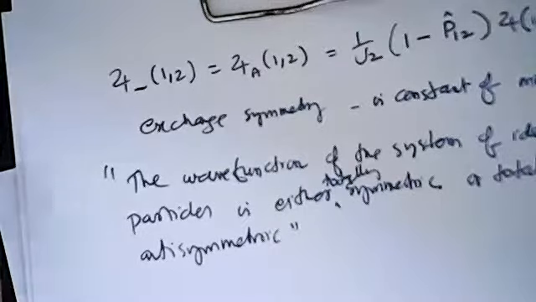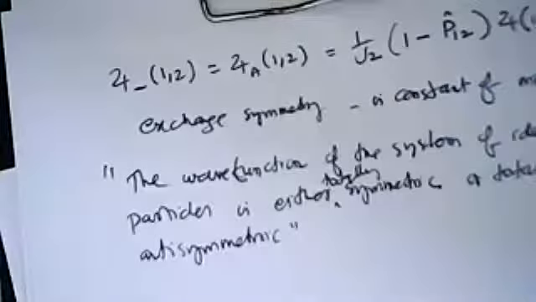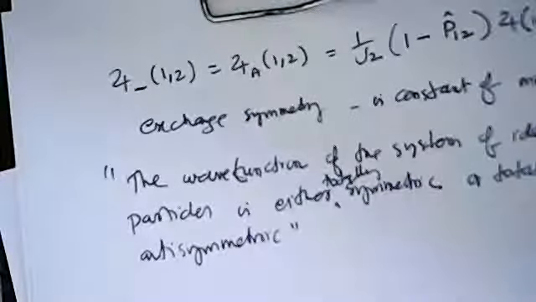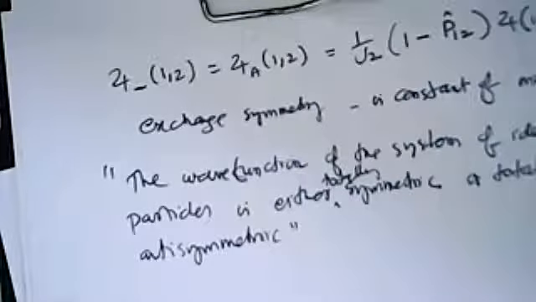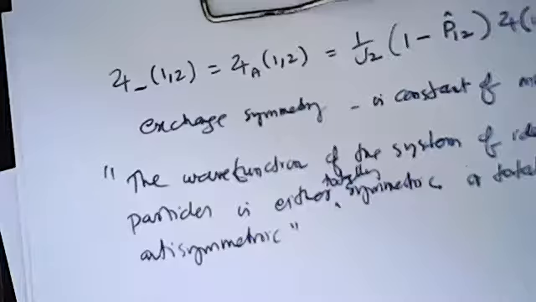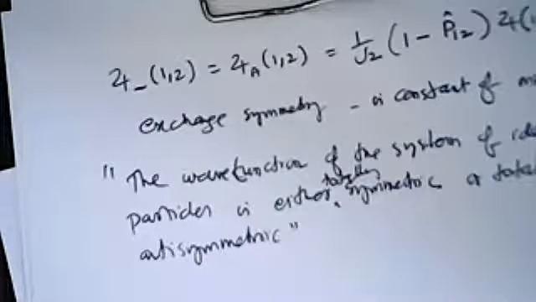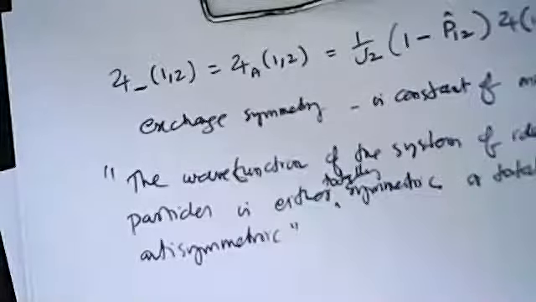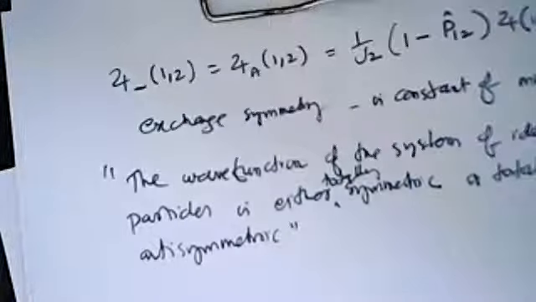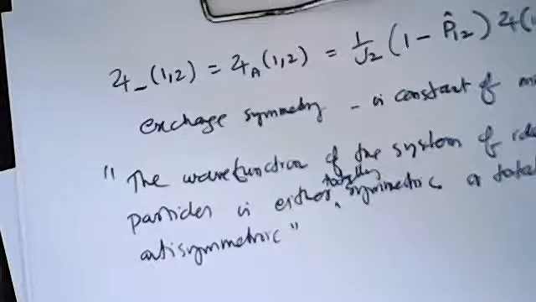According to the principle of indistinguishability, we arrive at a very useful result. You consider a 2-particle system, a 3-particle system, or an n-particle system, any number of particles, you can apply this principle and arrive at a result. The wave function of the system is either totally symmetric or totally antisymmetric.